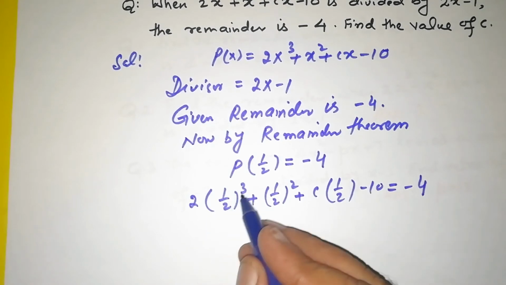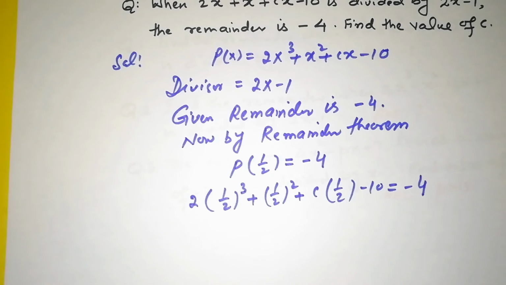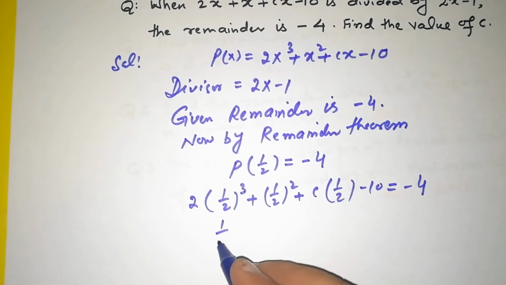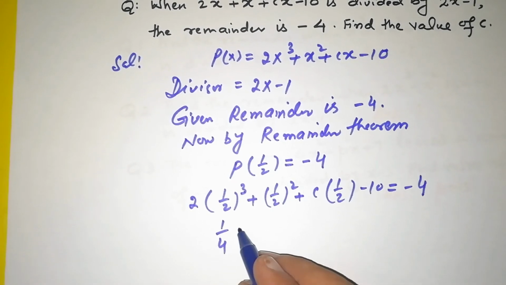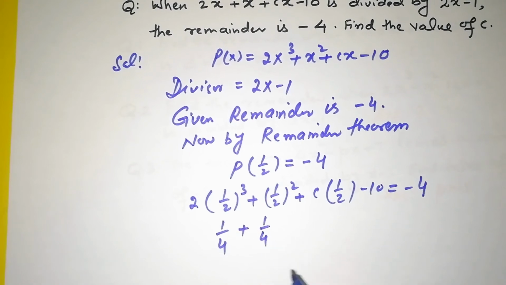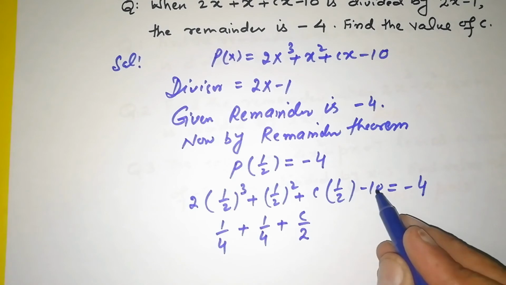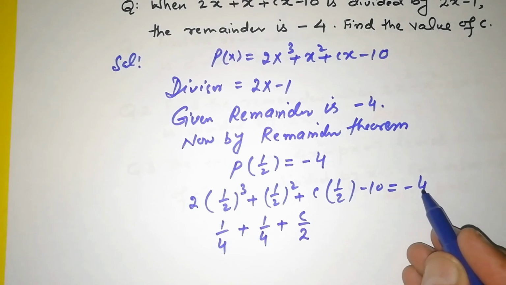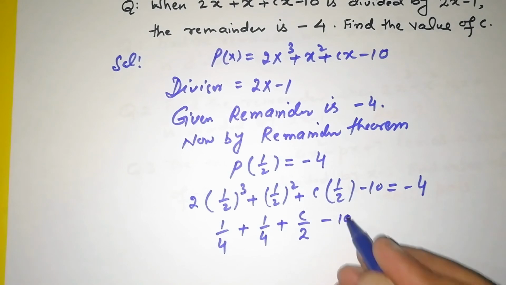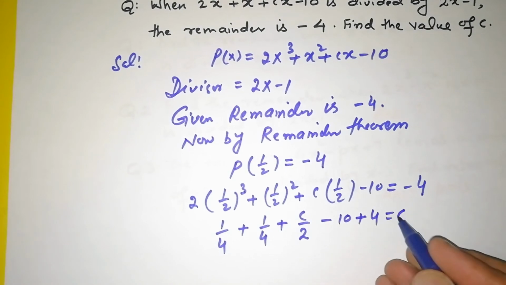You know 1 by 2 raised to power 3 is 1 by 8. Therefore we have 1 by 4 plus 1 by 4 plus c by 2, and this is minus 10. If we add this minus 4 on the left hand side, minus 10 plus 4, this is equal to 0.